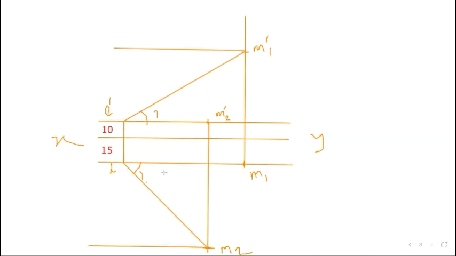Now with center point L and radius M1, we draw an arc. And similarly with center point M2 dash, we draw another arc.